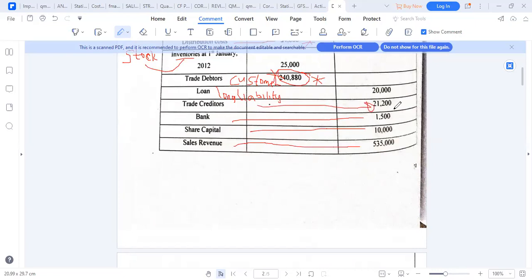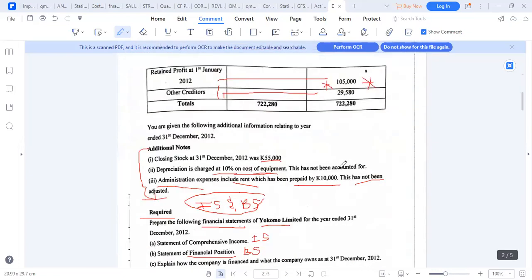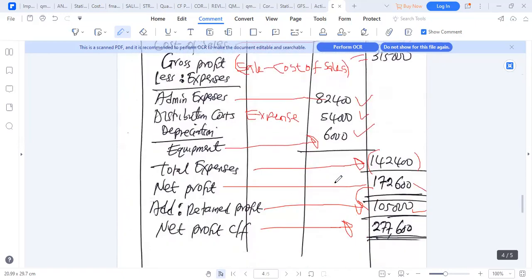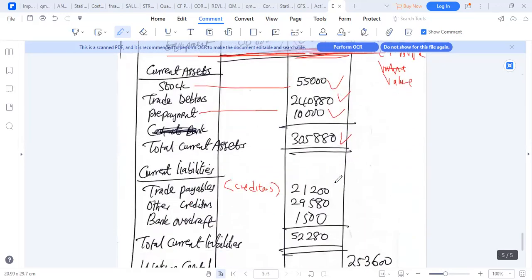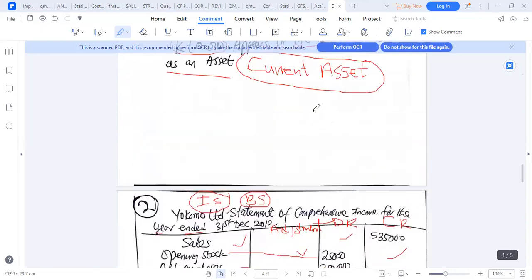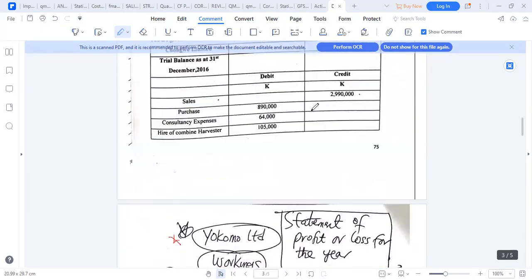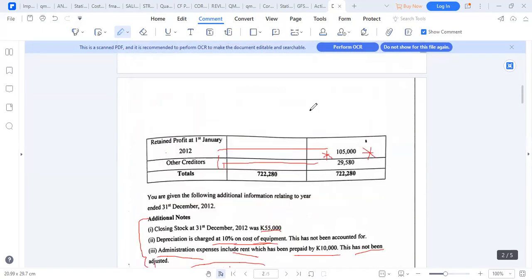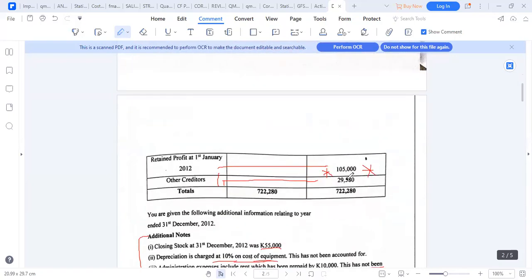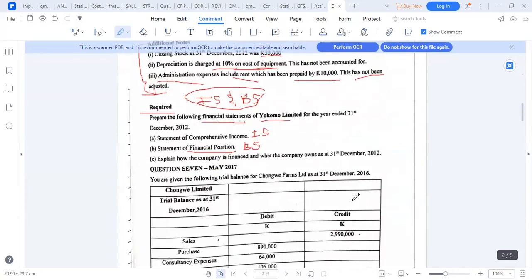After that, we have the other creditors, which is 29,580, you can get it here. 29,580, other creditors, which is this one.